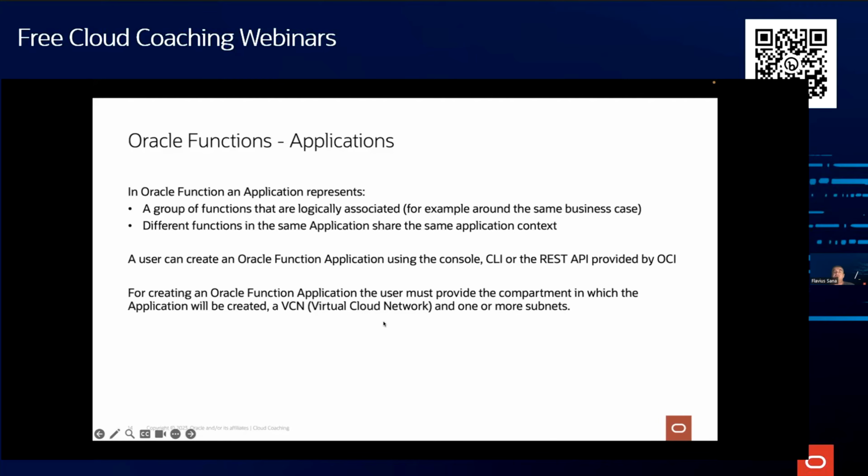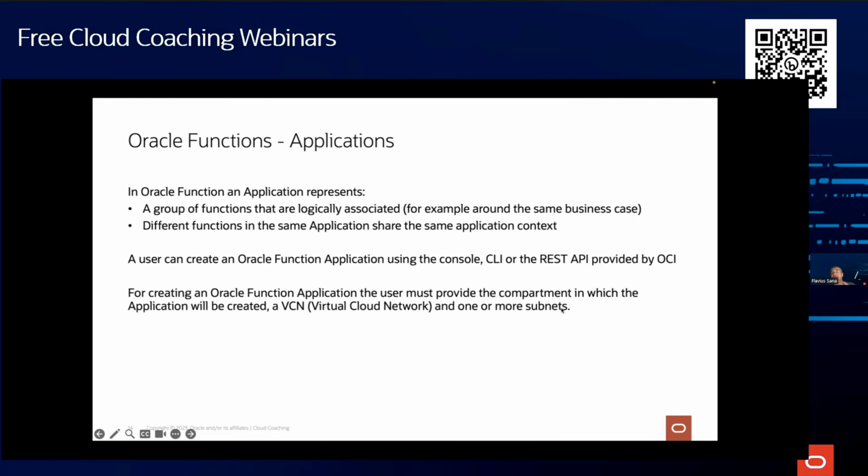Now, when you are providing these subnets, when containers are going to be created for your functions, they are going to get IP addresses from these subnets. For example, if you selected a private subnet here, the function will be able to call resources that are available in the same private subnet.